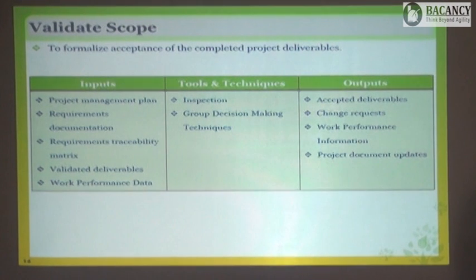With respect to the scope, the check is a two-step process. First is your control, where the project performing team will check whether the output is as per plan or not, whether the scope has been met or not.